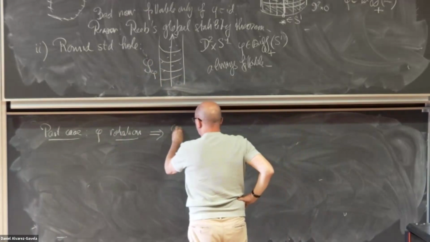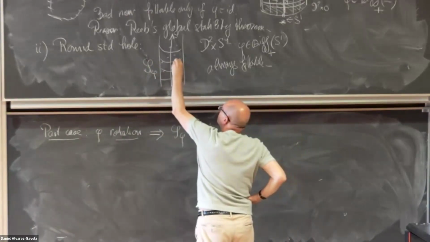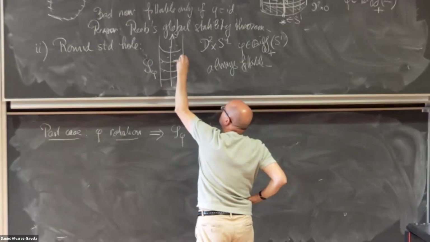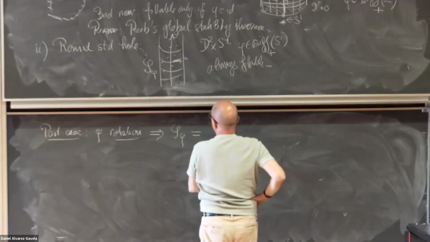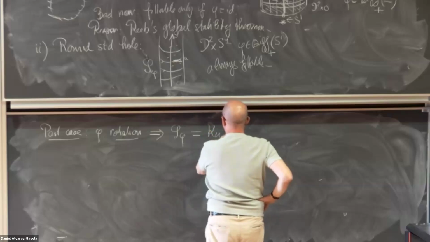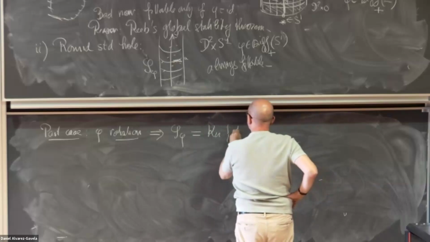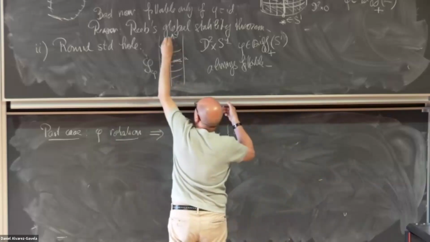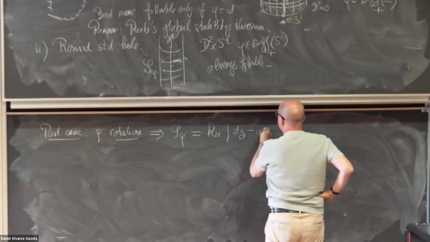Then S phi has a constant slope a. So it's given by the one-form dz, the coordinate in S1, minus a d theta.